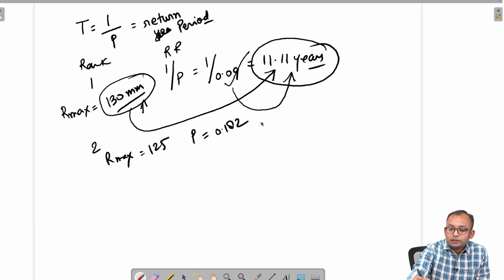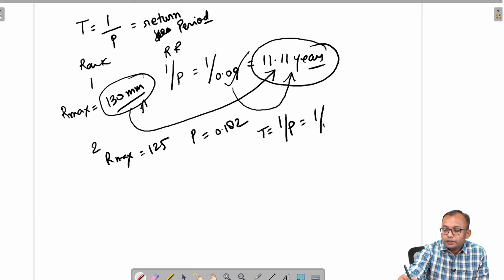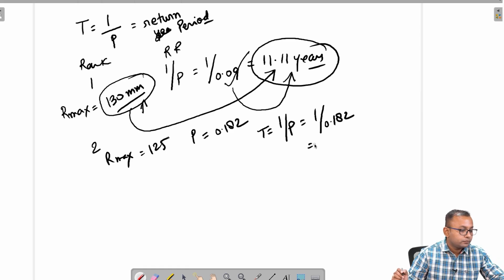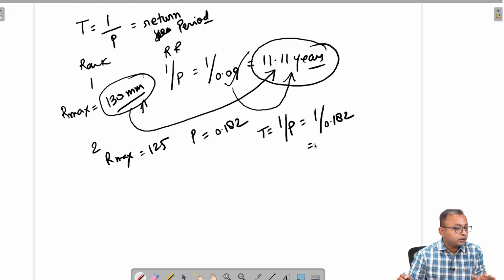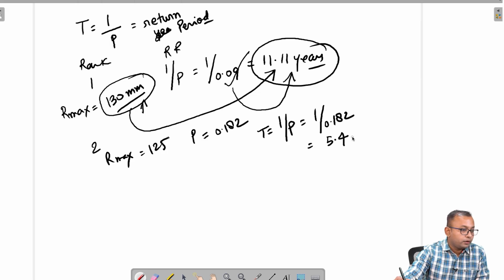So, for this return period we can calculate 1 by p, which is 1 by 0.182, that is coming out to be 5.495, or maybe we can write 5.5 years.